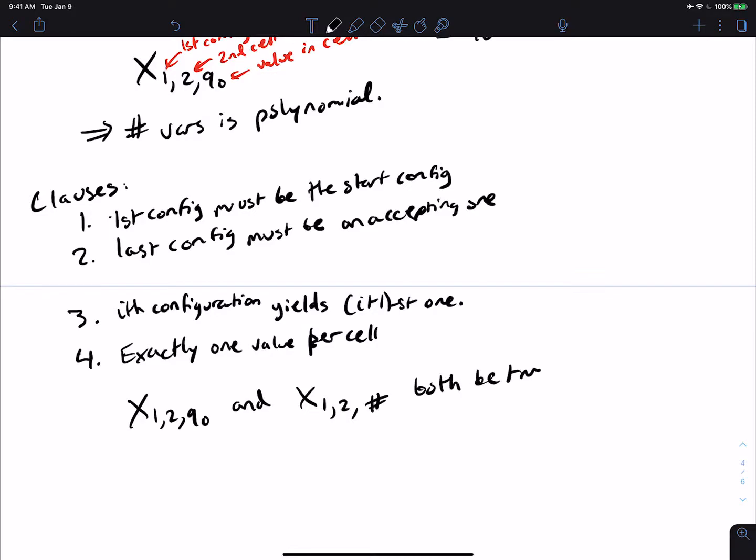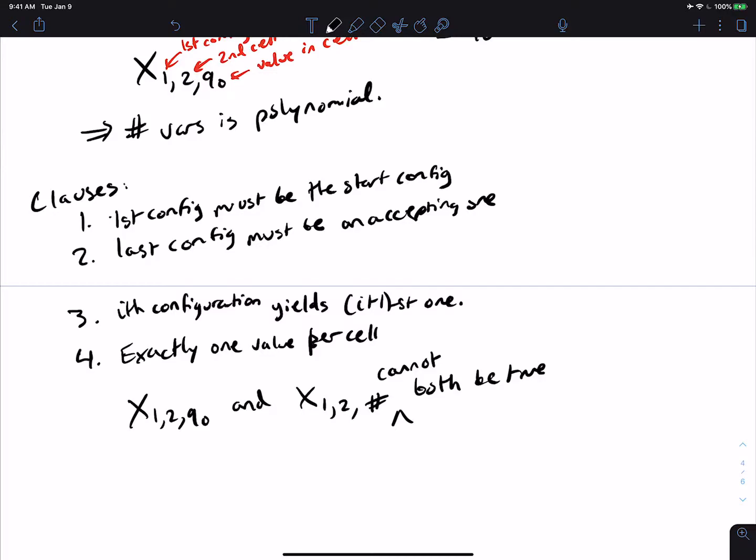That cannot be the case because they're referring to the same configuration and cell, which means that we can only have one possible value there. So it cannot be the case that both of these are true. It could be that both of them are false, but it can't be both of them are true.